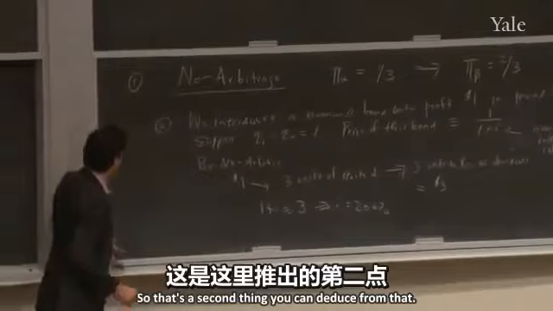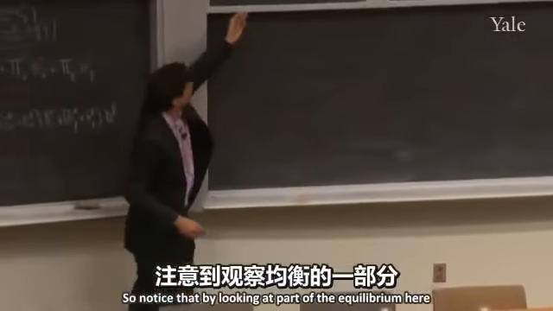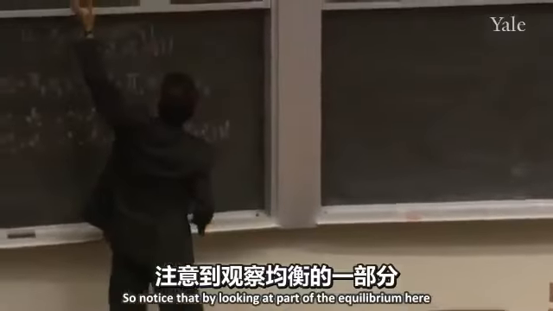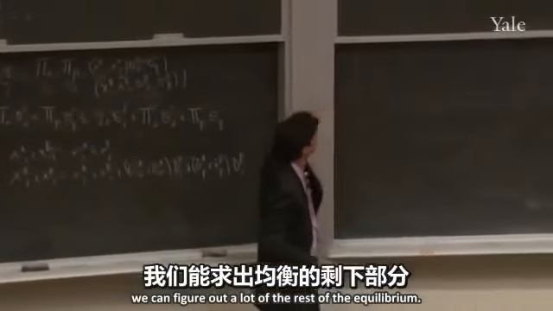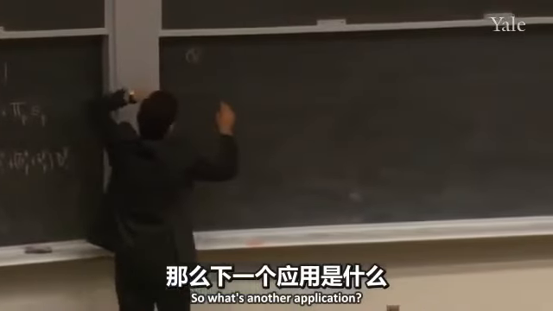So that's the second thing you could deduce from that. Notice that by looking at part of the equilibrium here, we can figure out a lot of the rest of the equilibrium. So what's another application?